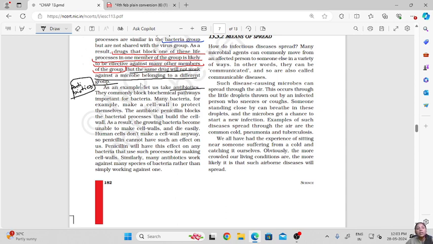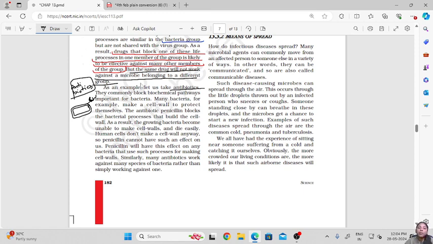Many bacteria make a cell wall to protect themselves. Suppose this is a bacterial cell: many of the bacteria will develop a cell wall, and this will be the cell wall which they develop in order to protect themselves.